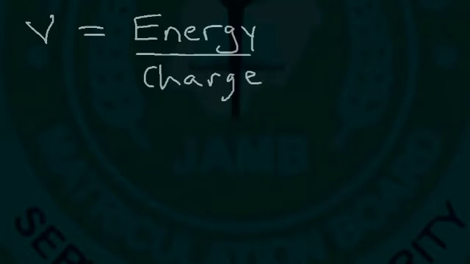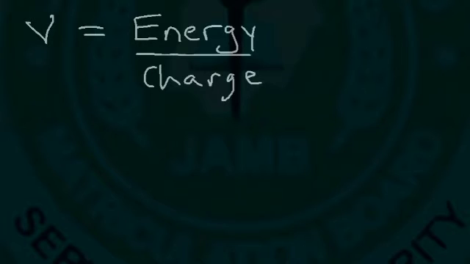Now, what exactly is voltage? How would you define voltage? Voltage is the energy per unit charge. So voltage is energy divided by charge. You can think of voltage as the amount of energy that a charge like an electron has.